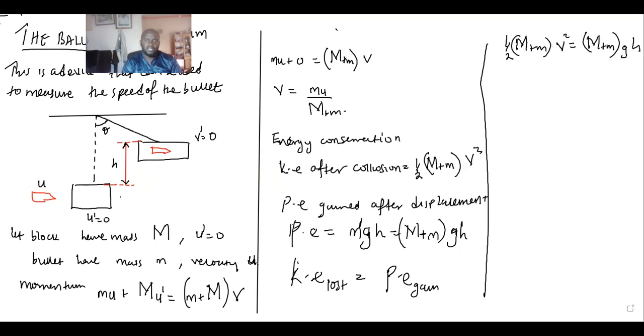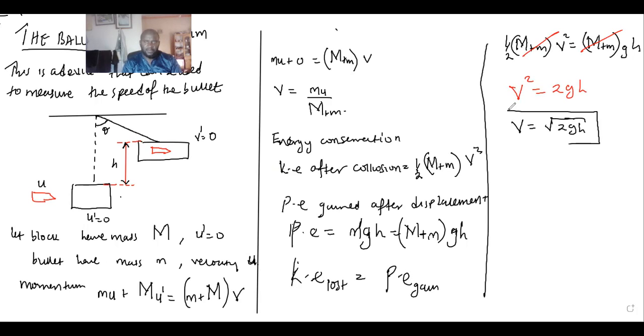We can cancel the sum of the masses, and then the velocity v squared is equal to 2gh. Therefore, from here, we can find capital V as square root of 2gh.